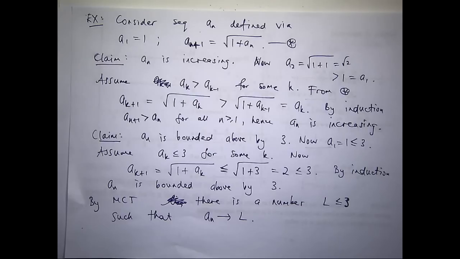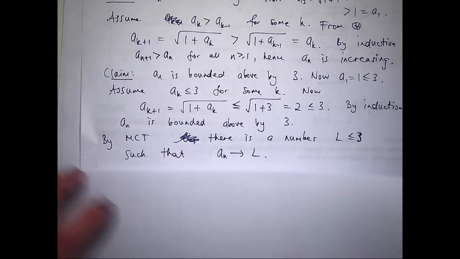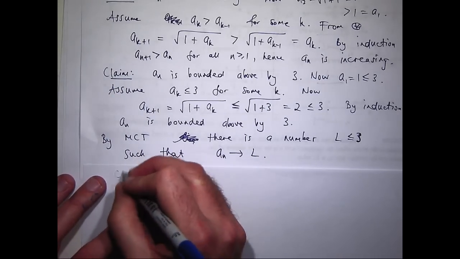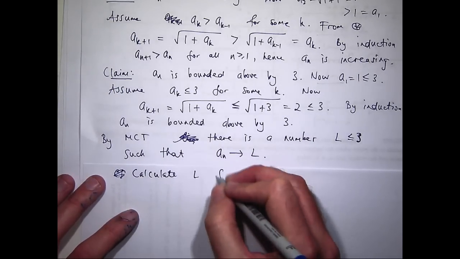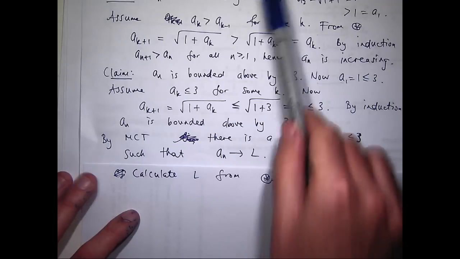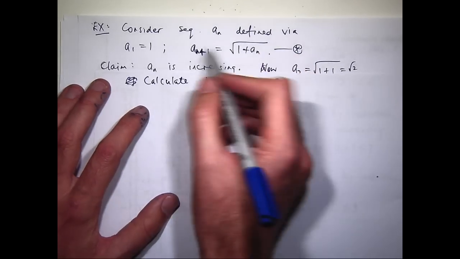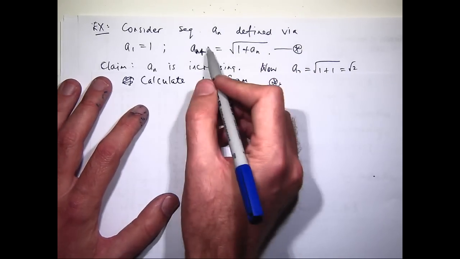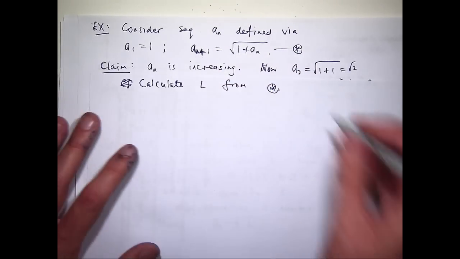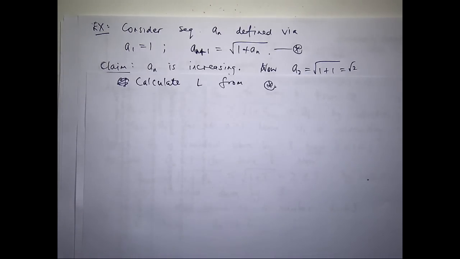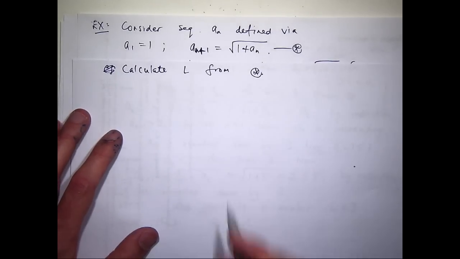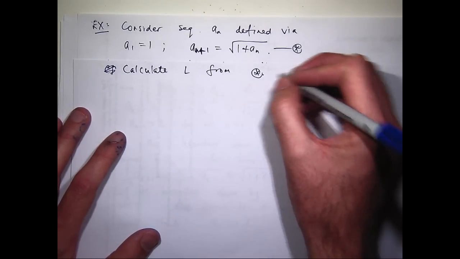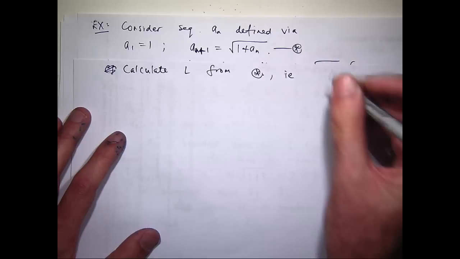Okay? So let's calculate L from star. Essentially all I'm going to do is, if I take limits everywhere, this will go to L, this will go to L, and I'll end up with L equals root 1 plus L. Now, that's not quite so easy to work with, so what I'm going to do is just square both sides.